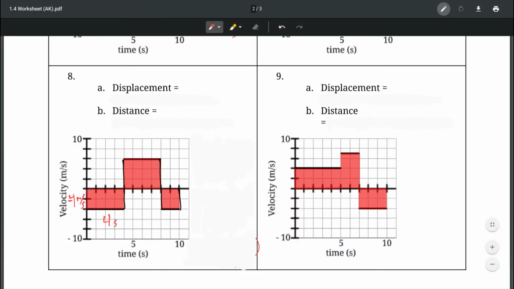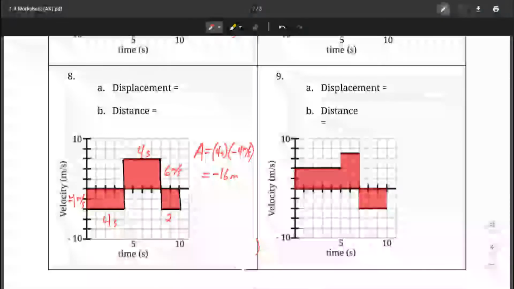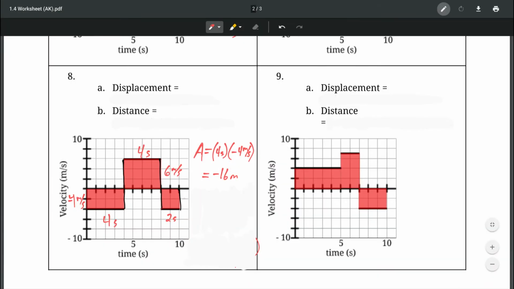And so when we multiply those, we get an area of -16 meters. We can then repeat that process for the second and third rectangles. And so the second rectangle has an area of +24 meters.